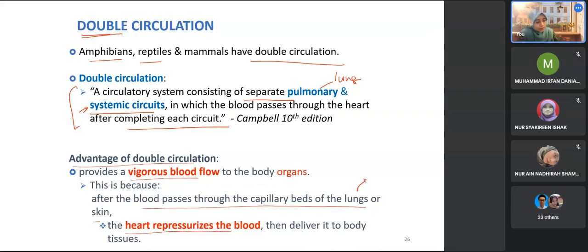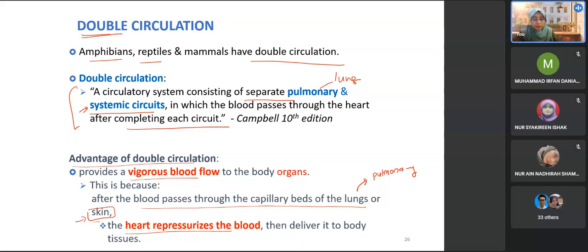So to the lung is for most animals, for mammals, for reptiles, which we call the pulmonary circuit. There are also some animals that depend on the skin for gaseous exchange, such as frogs.